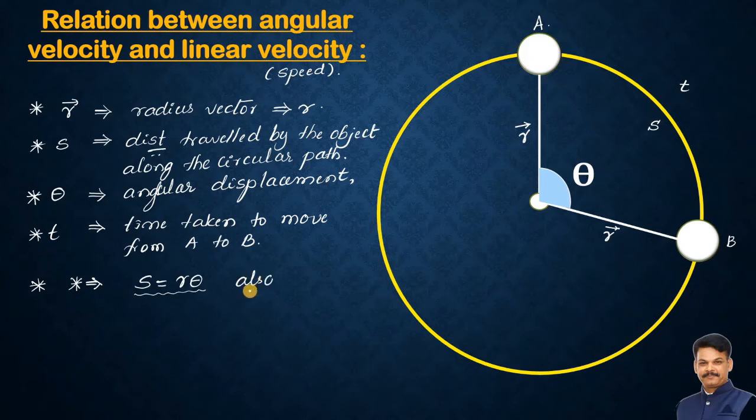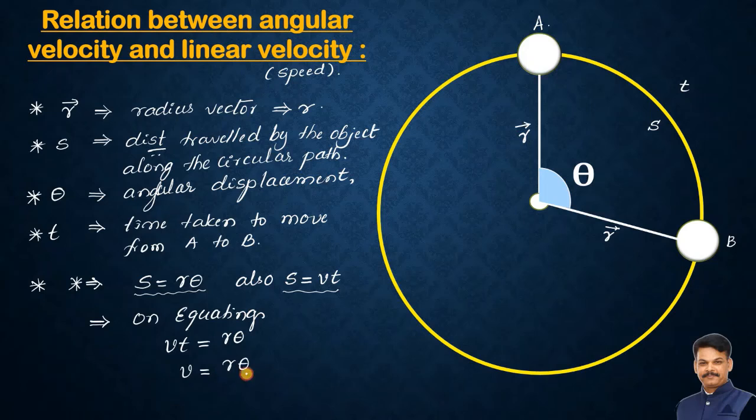Also, if we consider the linear motion, then the distance traveled can also be given by one more relationship, that is velocity into time taken. Now, if I equate these two, I can write v times t is equal to r times theta. Or if I want v, then it is r theta divided by t.